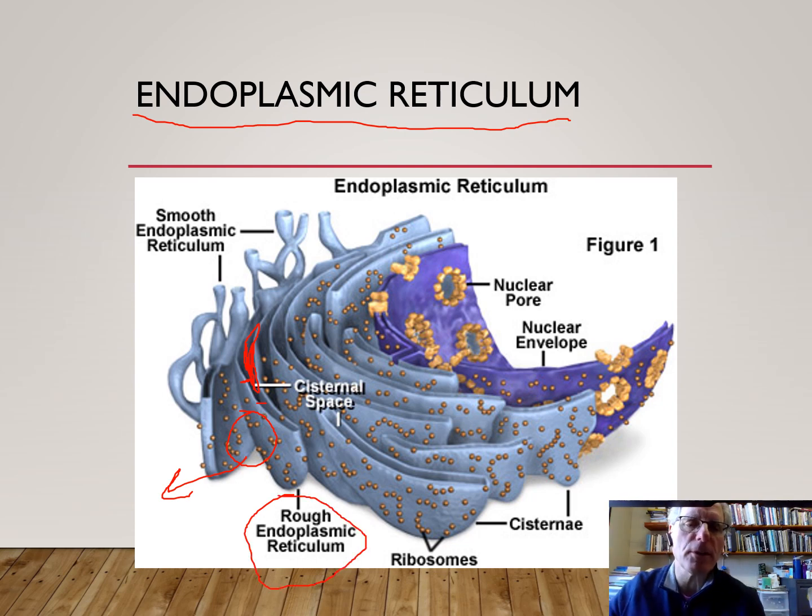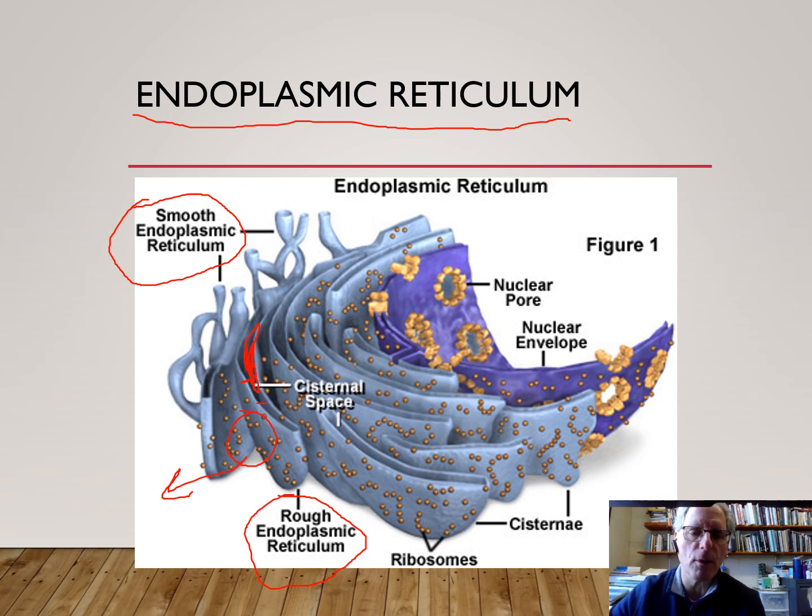The other thing the endoplasmic reticulum does is that it makes lipids and it detoxifies certain types of xenobiotics, that is, foreign molecules. Lots of drugs are xenobiotics. The enzymes for xenobiotic processing are localized in the smooth endoplasmic reticulum.